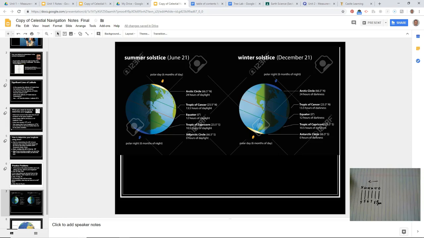75 degrees west. Okay, once again, the math. Remember, every 15 degrees is a difference of 1 hour. We have 1, 2, 3, 4, 5. 15 times 5 is 75 degrees.